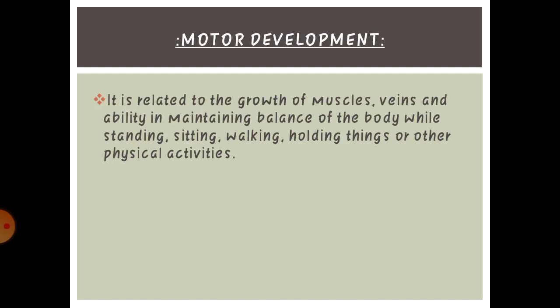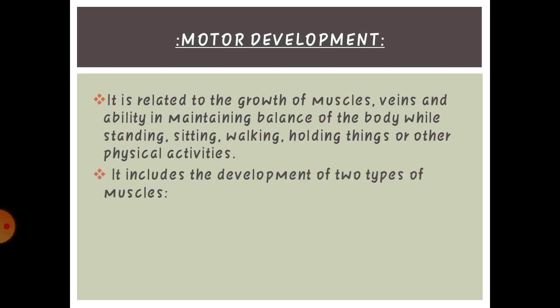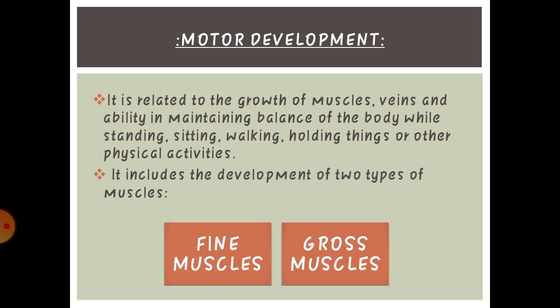Motor development. It is related to the growth of veins, muscles, and the ability to maintain balance of the body while standing, sitting, walking, holding things, or other physical activities. It includes the development of two types of muscles. First is fine muscles and then the gross muscles.